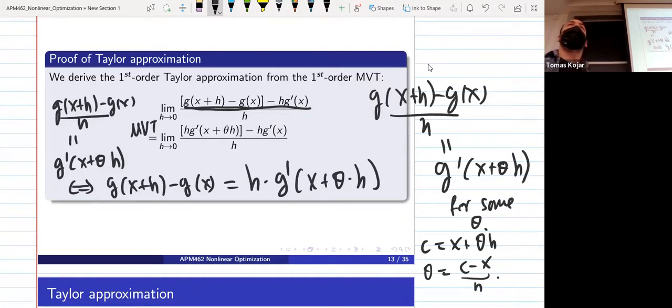So you can use either form. You can either use g prime of c, or you can use x plus theta h. Okay, for your mean value, whatever you find more comfortable. I'm not sure which one you've seen. I think you've seen g prime of c, right? Okay, so let me explain again.